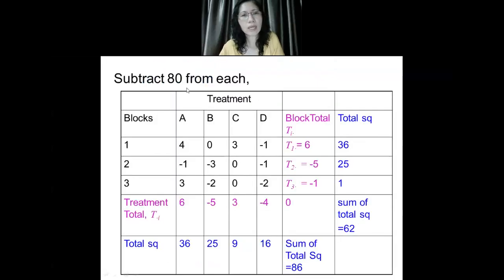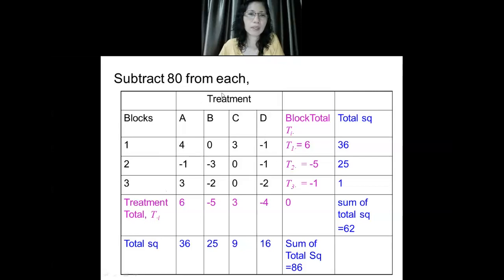Now, if you are using a calculator, it will be easier for us to subtract 80 from each of the values because they are all near 80, so that we deal with smaller numbers in the computation.